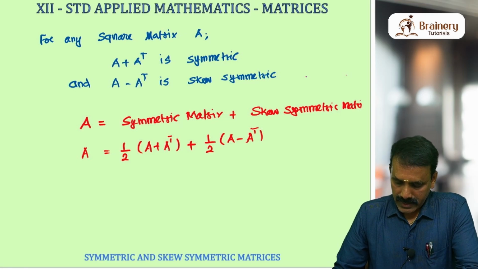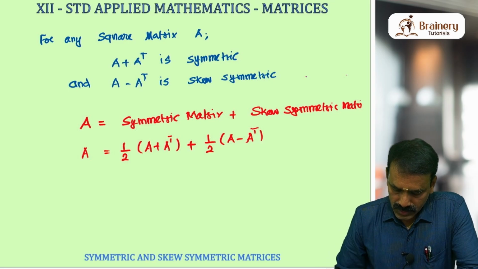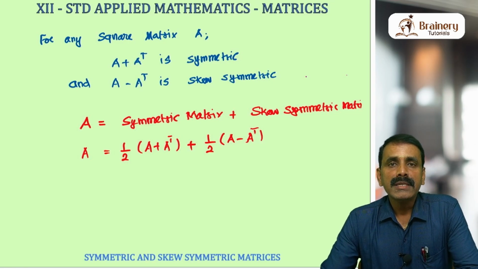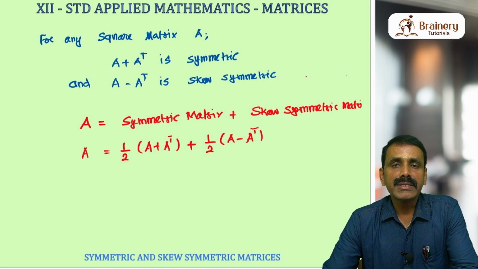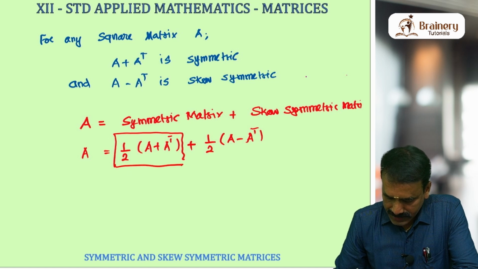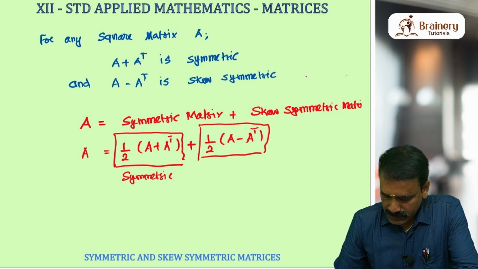Is it clear? So any square matrix A can be written as the sum of a symmetric and a skew symmetric matrix. Here 1 by 2 times A plus A dash is going to be a symmetric matrix, and 1 by 2 times A minus A transpose is always skew symmetric.